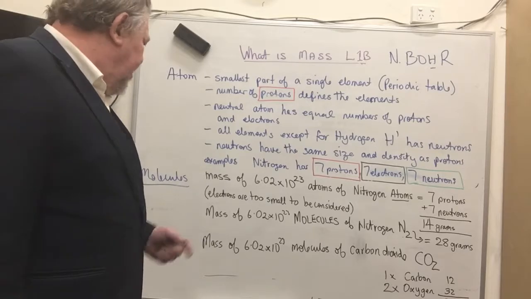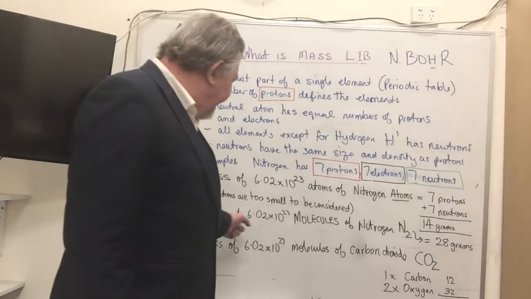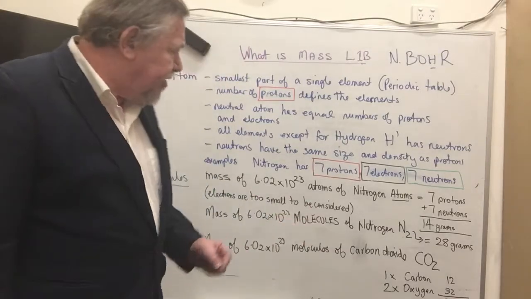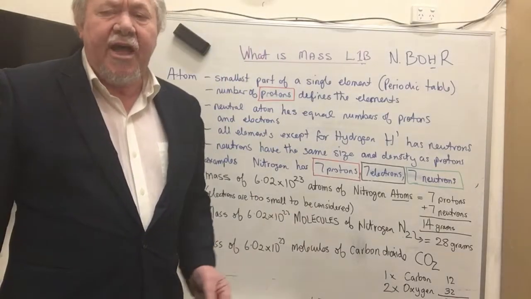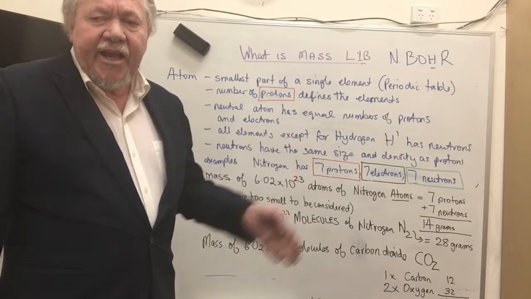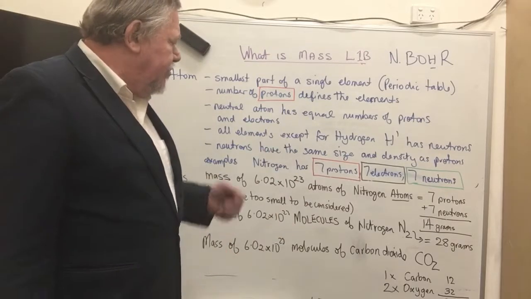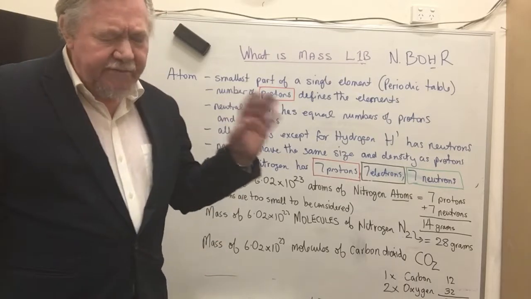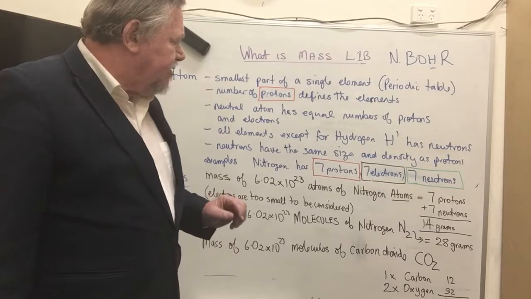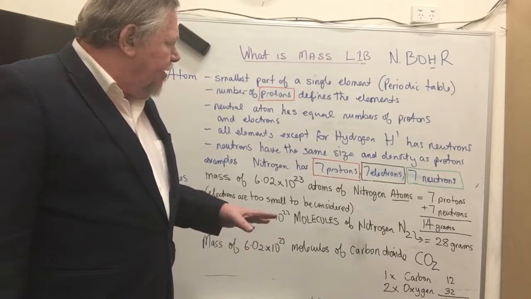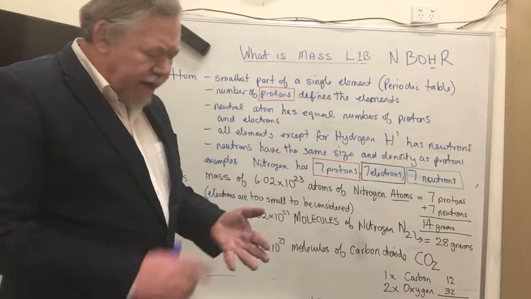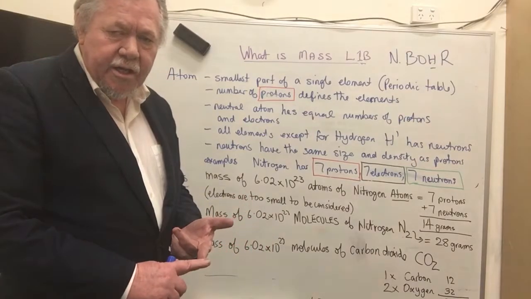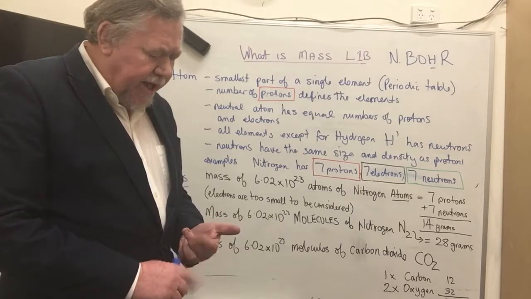Another example: the mass of 6.02 by 10 to the 23 molecules of nitrogen. Nitrogen doesn't go around as N by itself; the element nitrogen goes around in molecules. In fact, there are 5 gases in particular that go around like that: hydrogen, nitrogen, oxygen, fluorine, and chlorine.